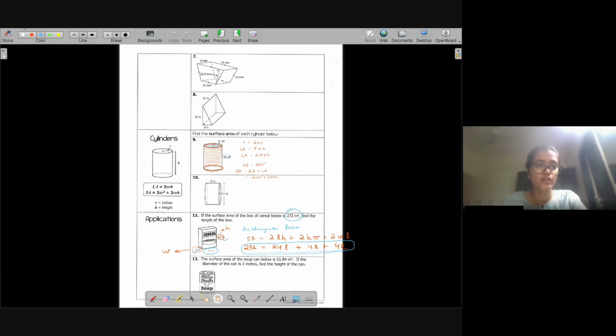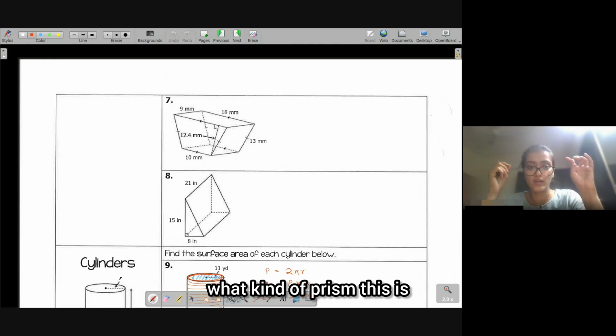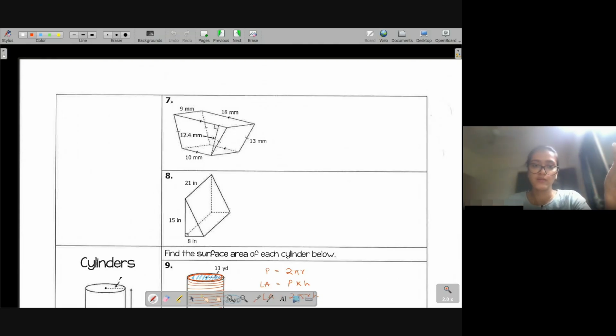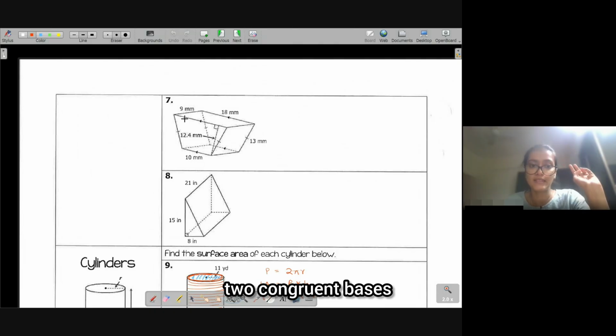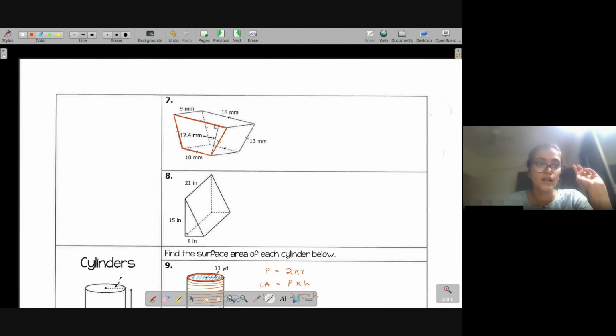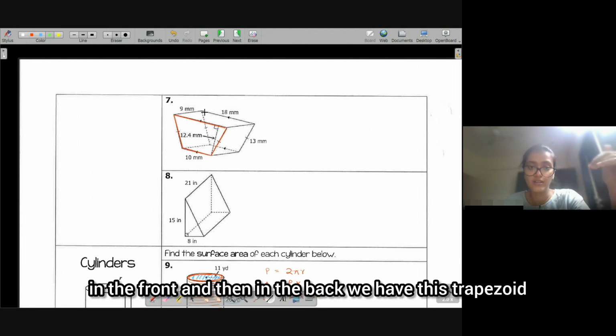Okay, so here in number 7, we have what kind of prism? If you have to identify what kind of prism this is, you will try to look for two congruent bases. So we have this trapezoid in the front, and then in the back, we have this trapezoid.